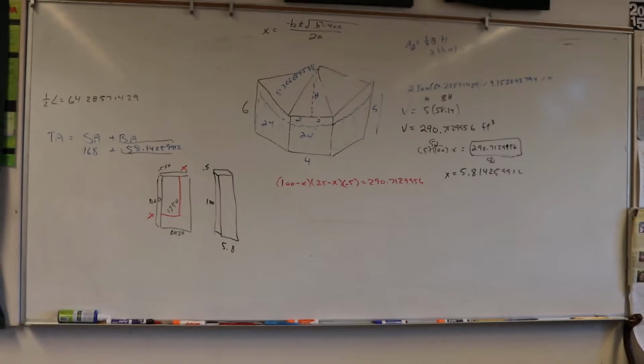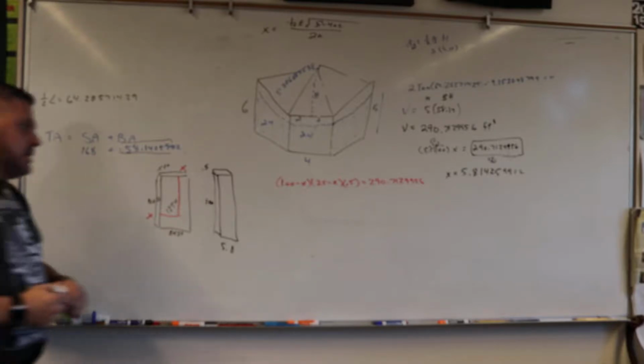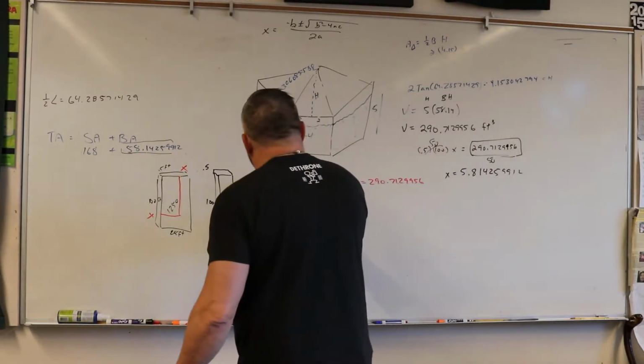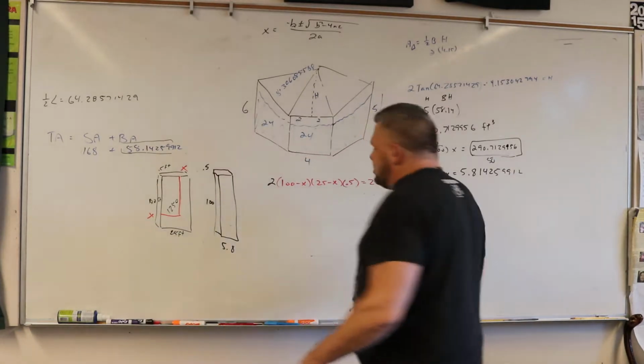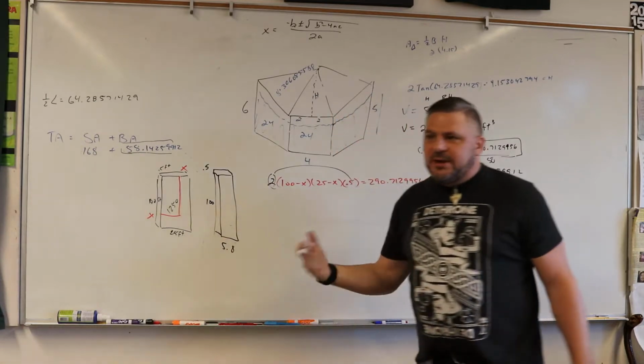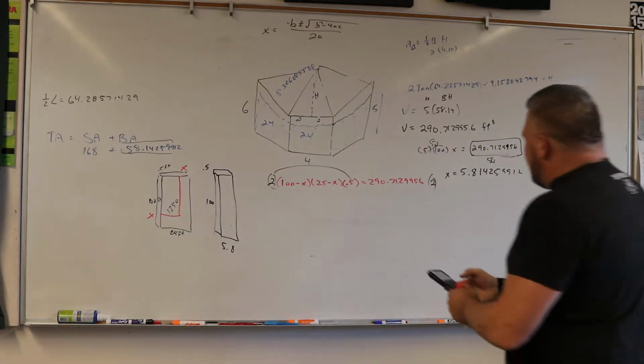Okay? Now you hang tight through this. I know it's a little bit into your breakfast, but we can pop this out real quick. Now, I'm going to show you a little trick. Remember, I'm going to multiply this by 2, so I'm just going to get rid of that half. I take that 290 and multiply it by 2.